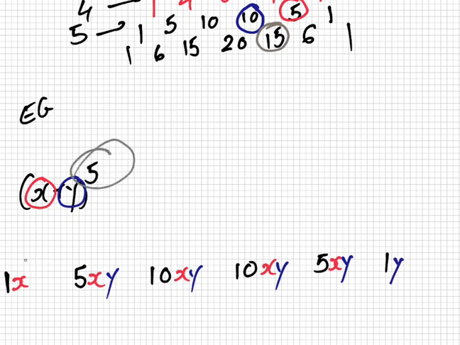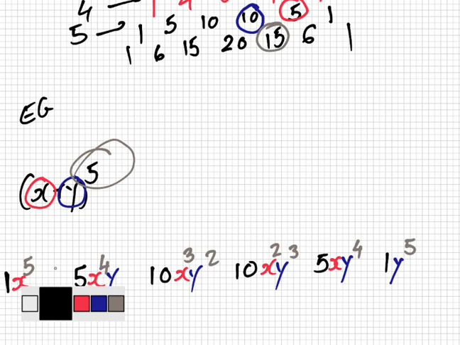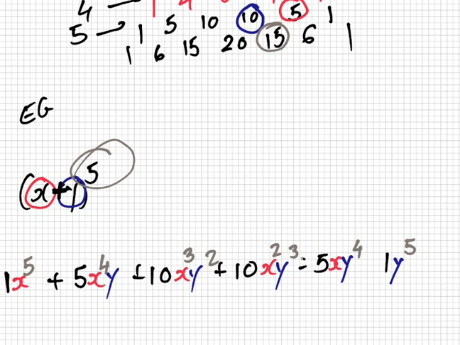So here is x power 5. Here is 4, 3, 2, 1, and none. And then you start from the other side. 5, 4, 3, 2, 1, and none. And then we just add them all together. So that's the answer. x plus y power 5 equals that.